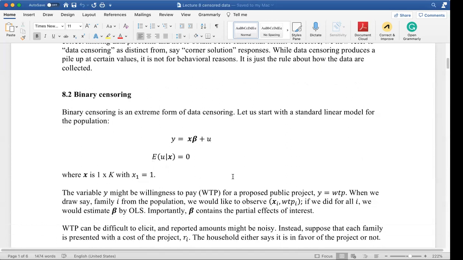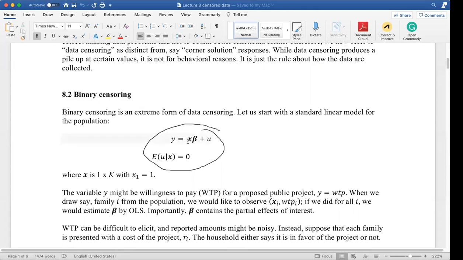Let us start with the standard linear model for the population. So we still assume that we have the standard linear model for the population. This is our standard linear model. We do not even have normality here in this model.